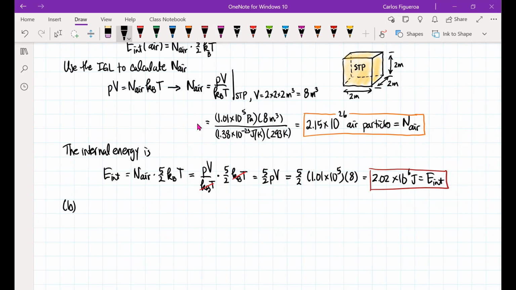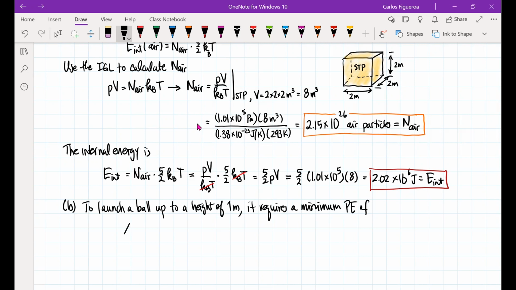So now, here's what we find. We're on B. To launch a ball up to a height of 1 meter, it requires a minimum potential energy.